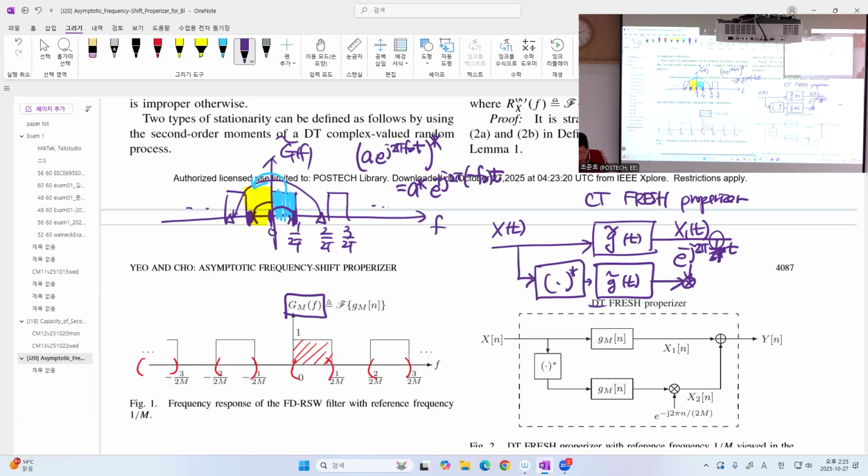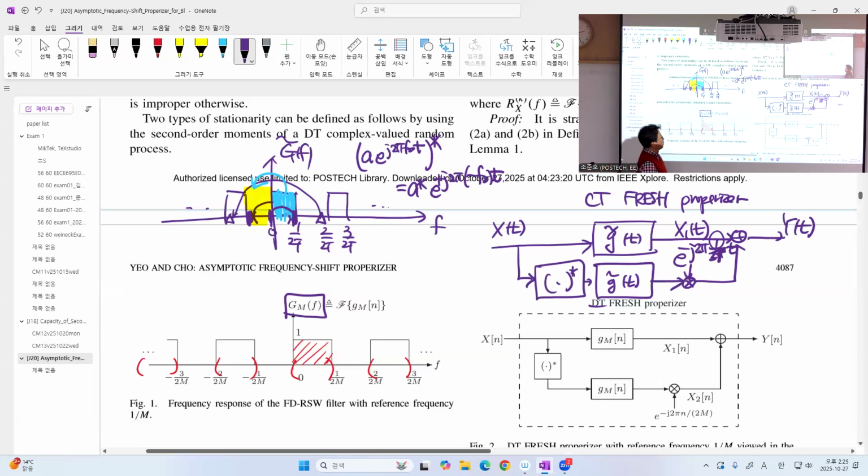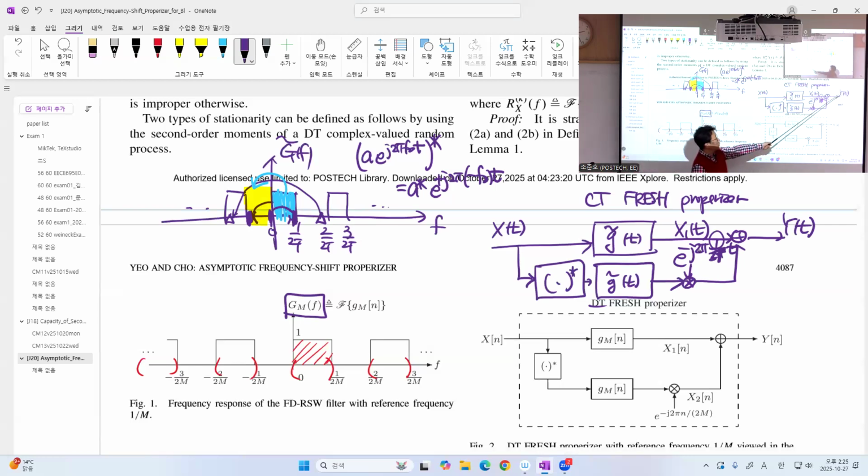And you add up to have a scalar random process. So if you just take a look at the frequency contents, all the frequency contents of this one are contained here and vice versa. Got it?